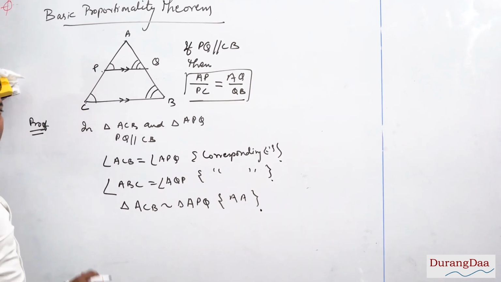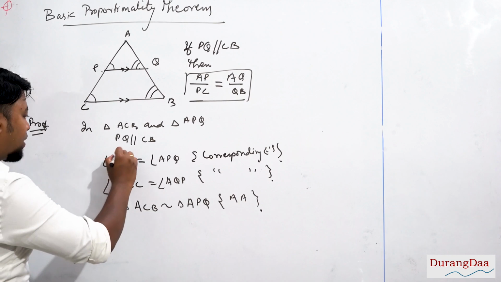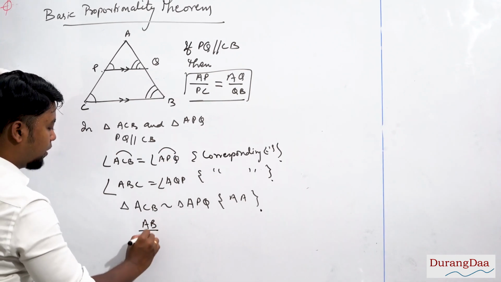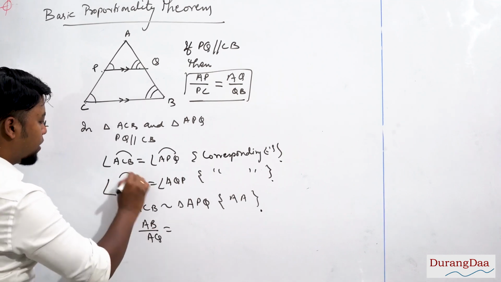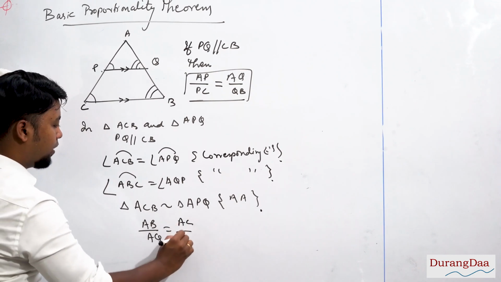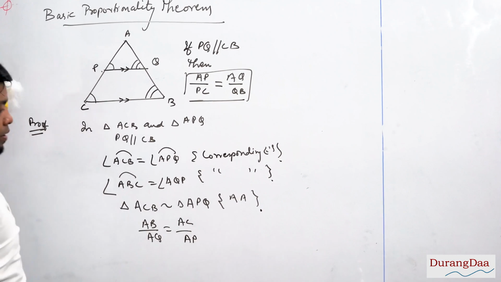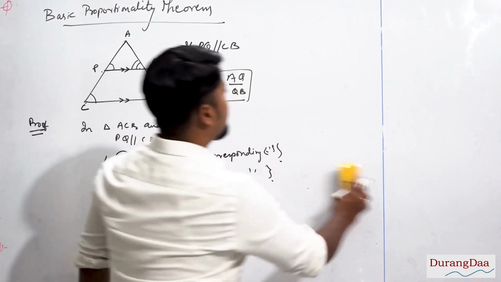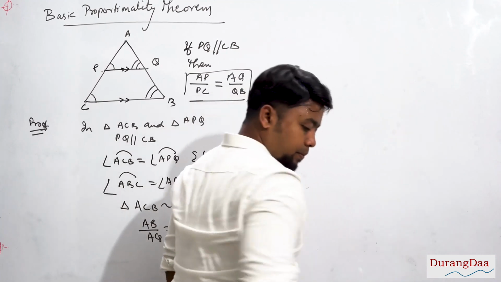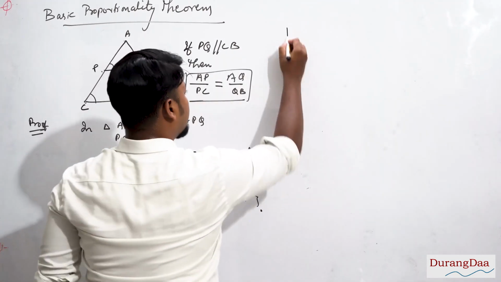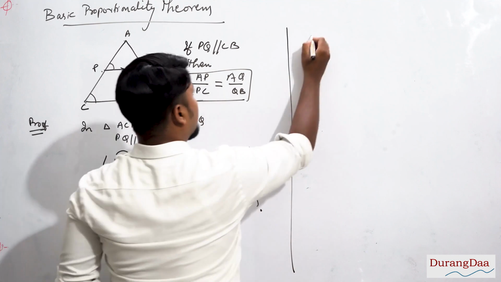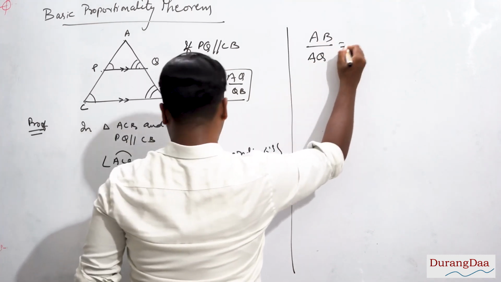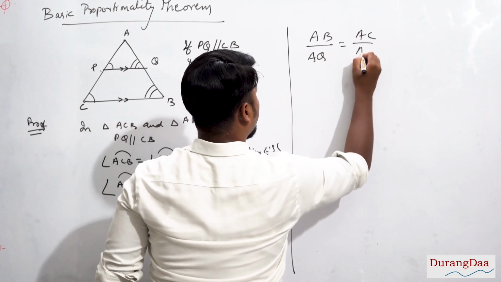Now once you have done this, you can obtain the ratio AB by AQ equals AC by AP.